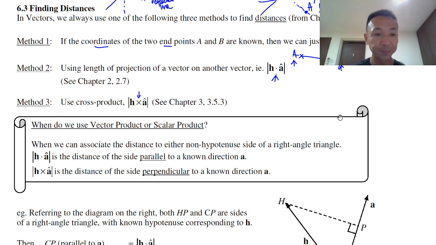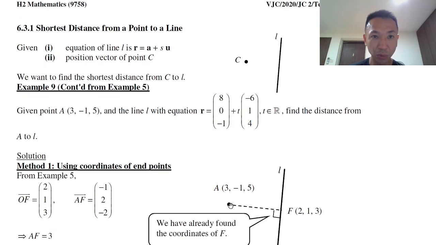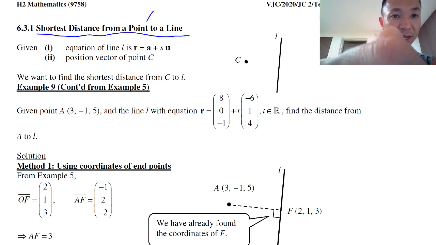But never mind. I'm going to jump straight to an example, which will show you exactly 3 different ways of finding the same distance. Using the example, shortest distance from a point to a line.